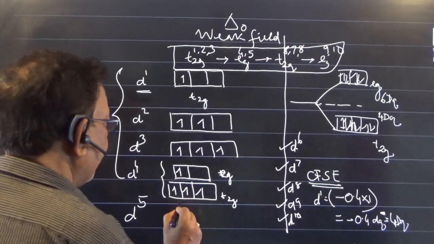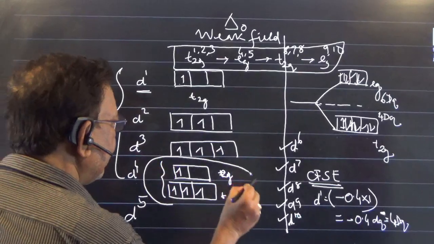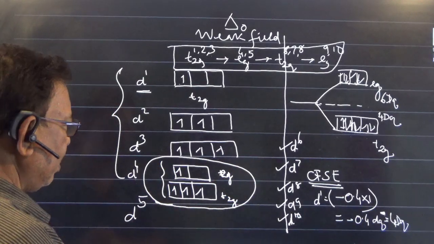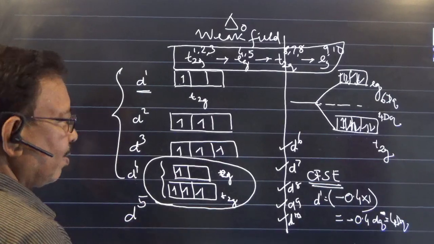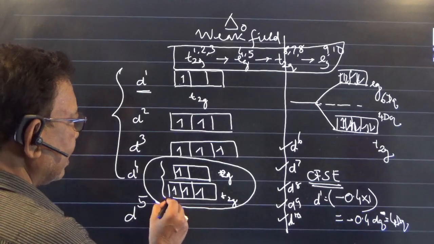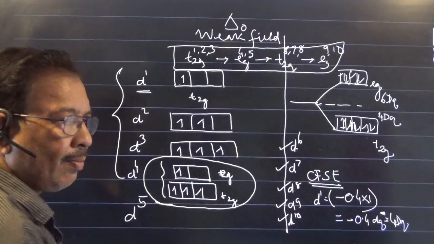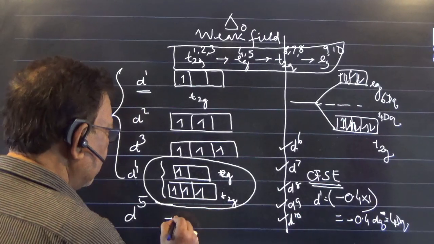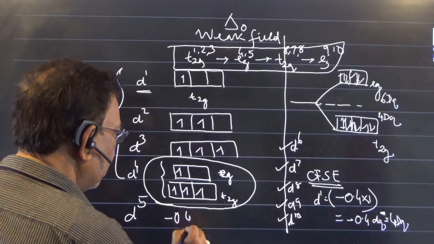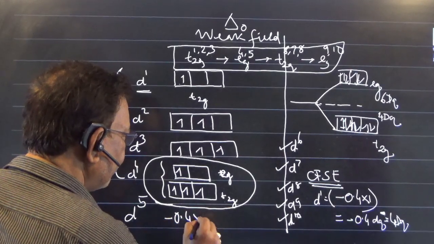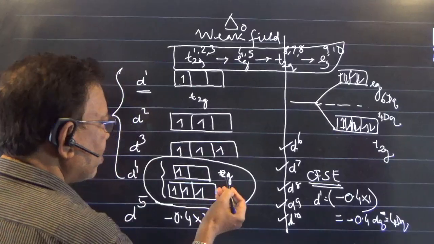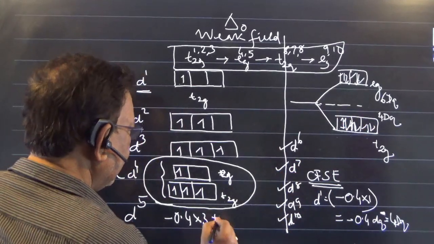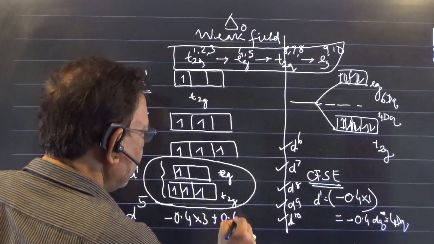Now I am coming to D4. How to calculate the D4 crystal field stabilization energy? So how many electrons are there below in T2G? 3. So minus 0.4 into 3, plus, EG is your higher, that is 0.6 into 1.